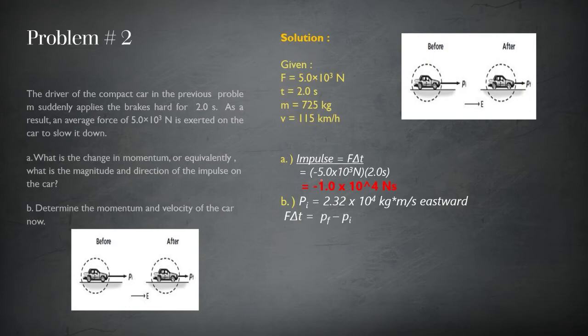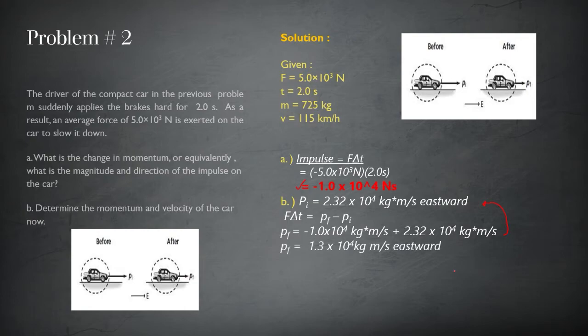Deriving the formula for the final momentum, we substitute the value of negative 1.0 × 10^4 kilogram meters per second that we got here, plus the 2.32 × 10^4 kilogram meters per second from the previous problem. So P_f will have a value of 1.3 × 10^4 kilogram meters per second eastward.